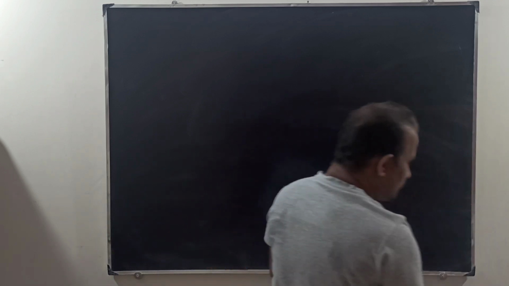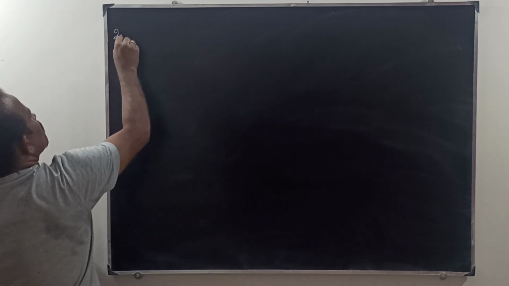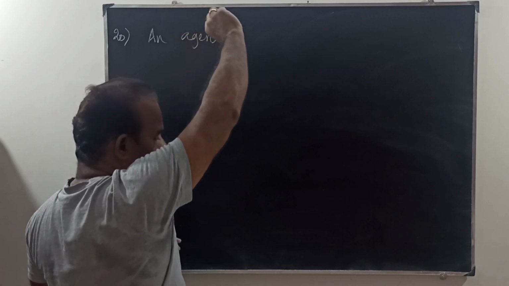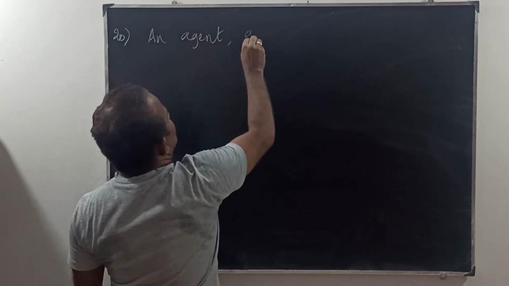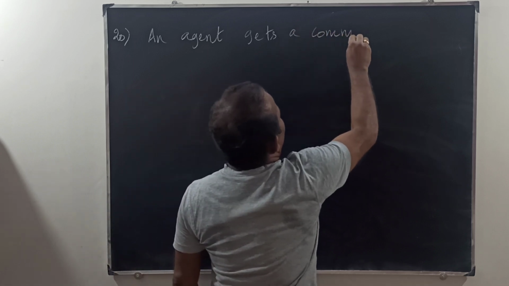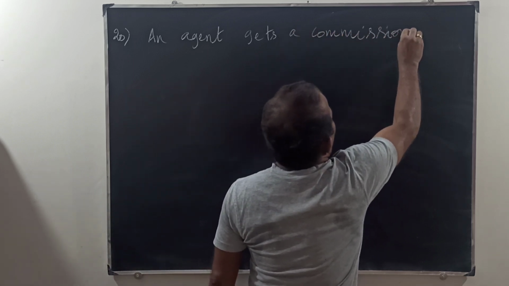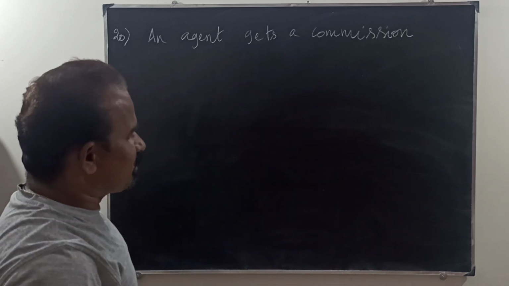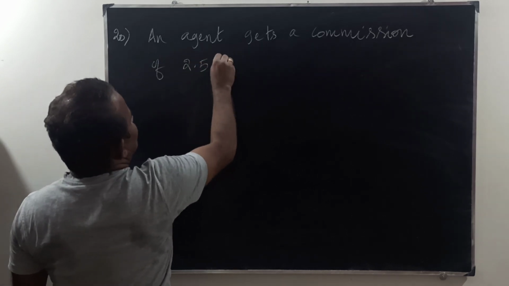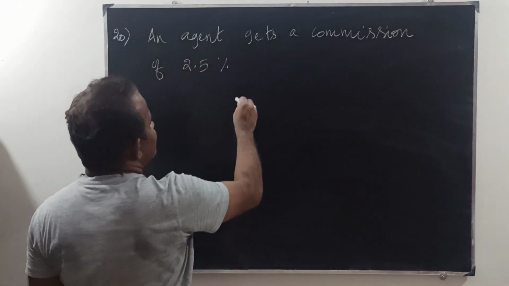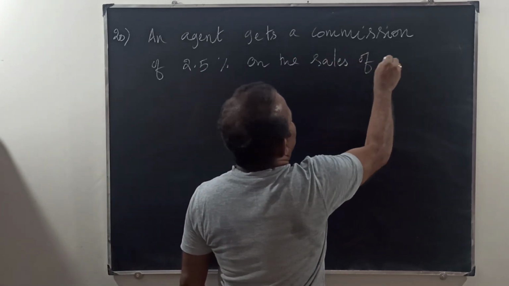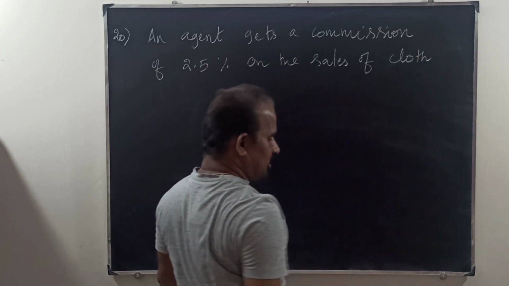Twentieth question: An agent gets a commission of 2.5 percentage on the sales of cloth.